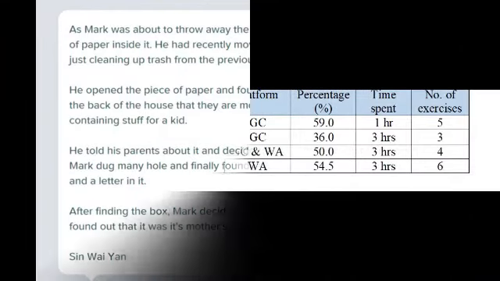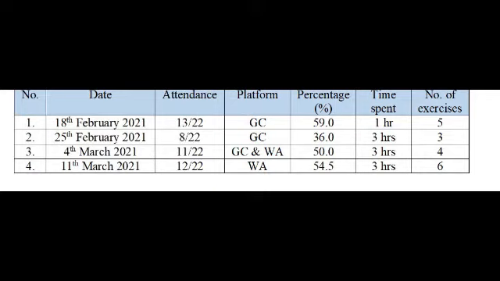As we all know, students always get demotivated when it comes to online learning. So this is the data that I gathered from my students from February to March before I did the intervention of using PEDAC.